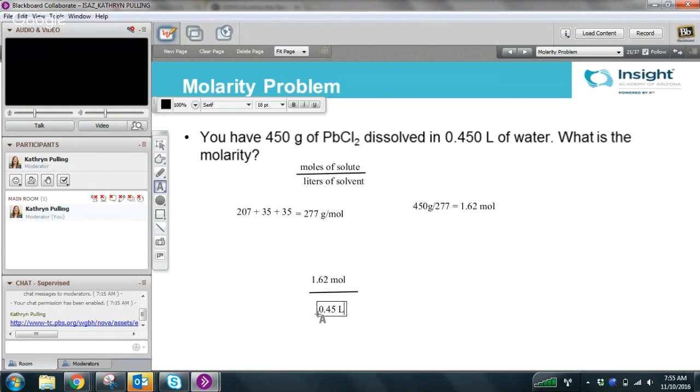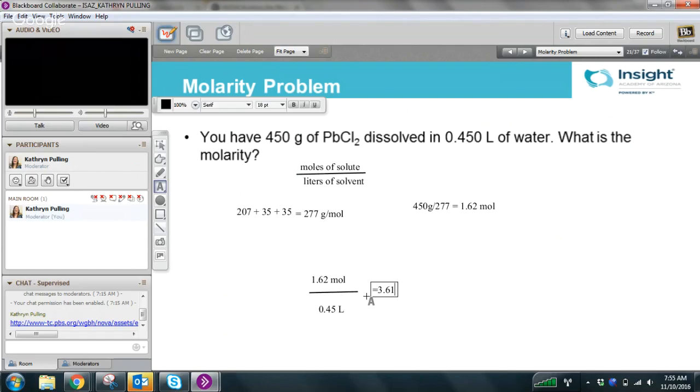And that gives me 3.61. I didn't end up rounding for my number before, so if you get 3.6, that's okay. Equals 3.61. And how should I write this out?